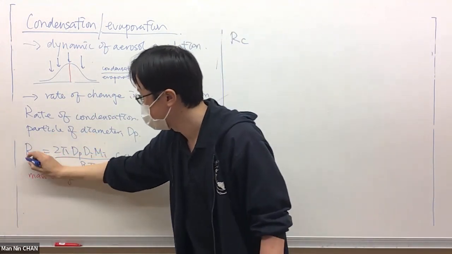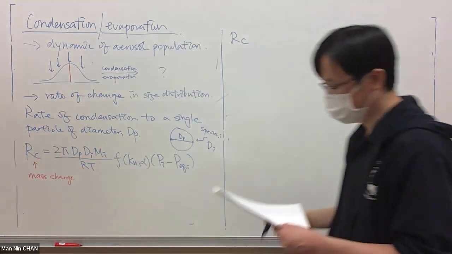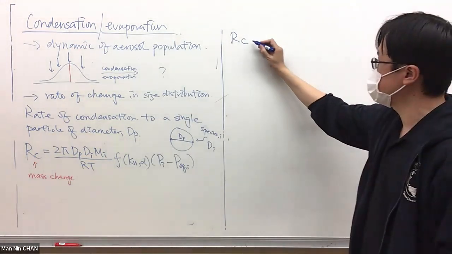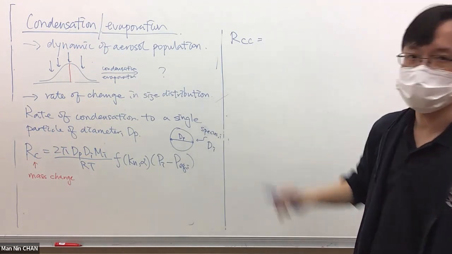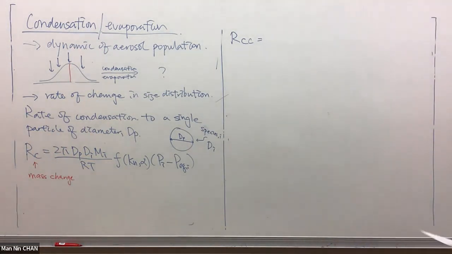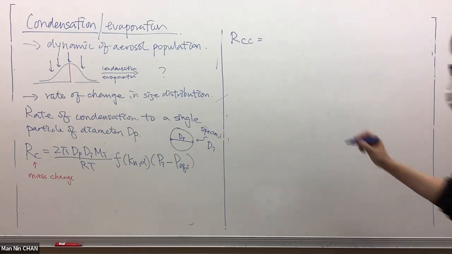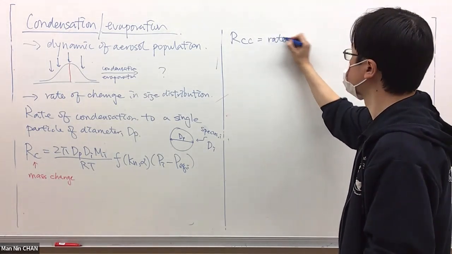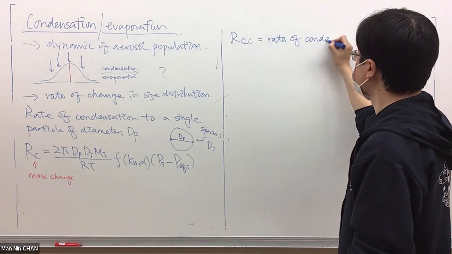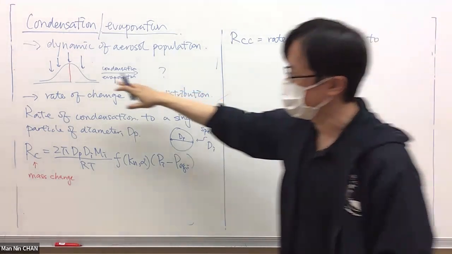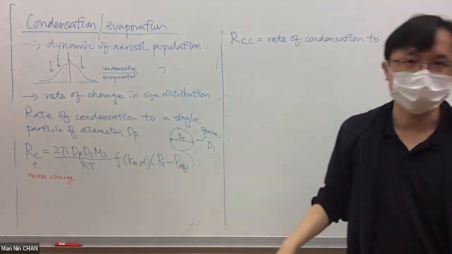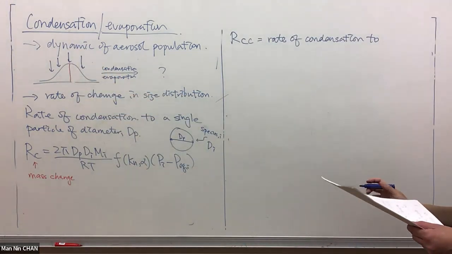If we put another C here, it means we talk about the rate of condensation to the entire population, because we want to look at the condensation to the whole aerosol population.